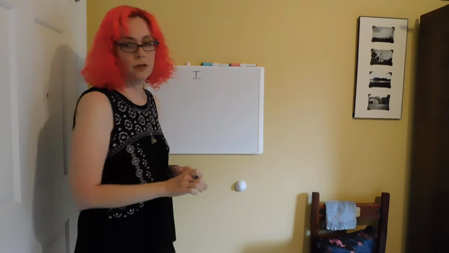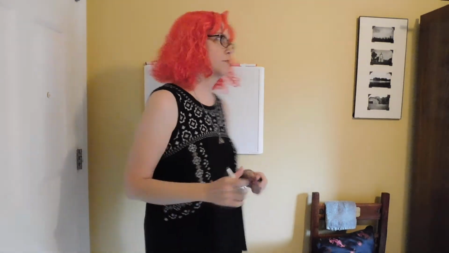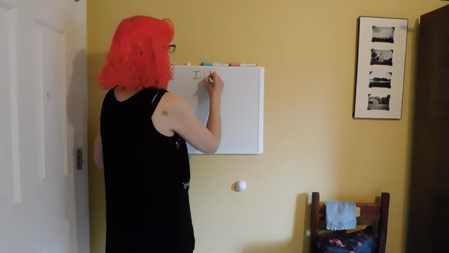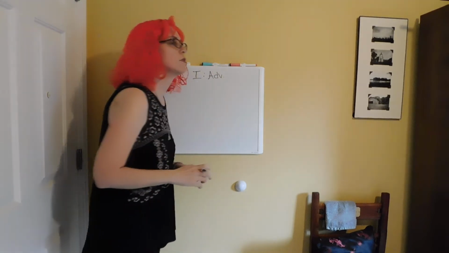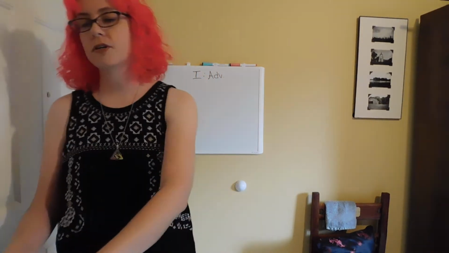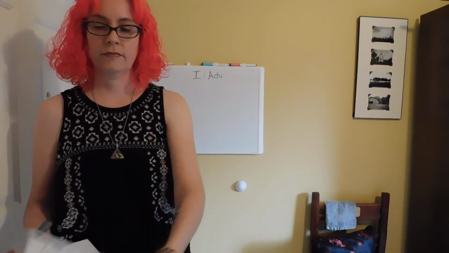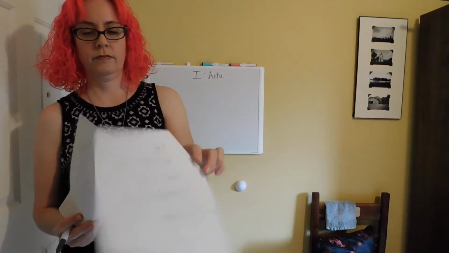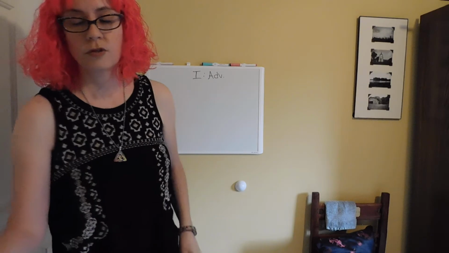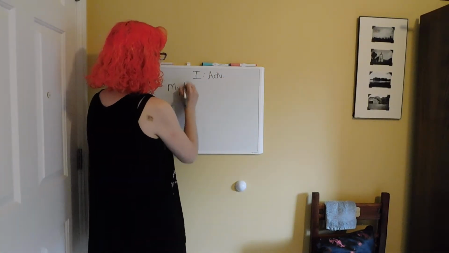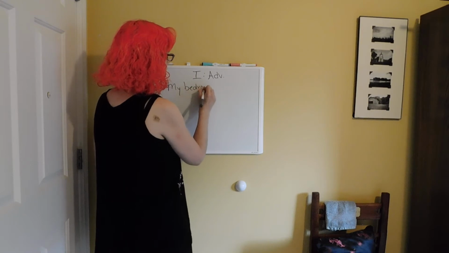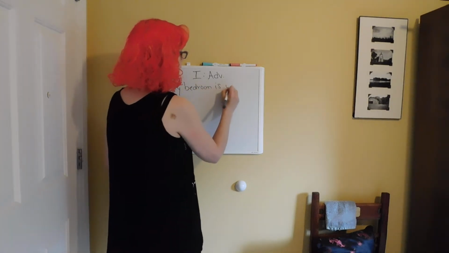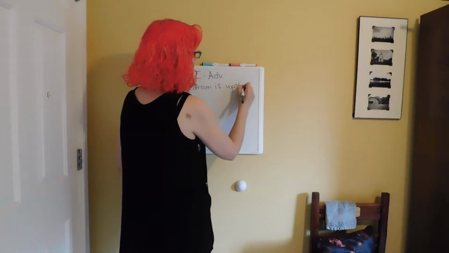Pattern 1 only deals with adverbs. So this is a sentence that uses the verb to be and adds only an adverb. So, example. Your sentence is, my bedroom is upstairs.